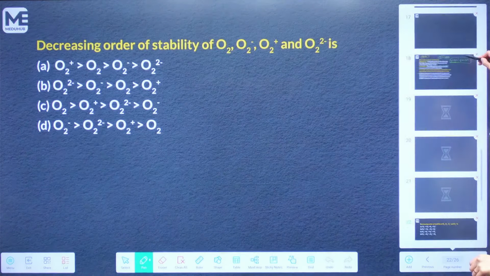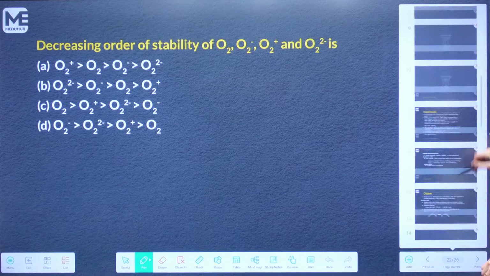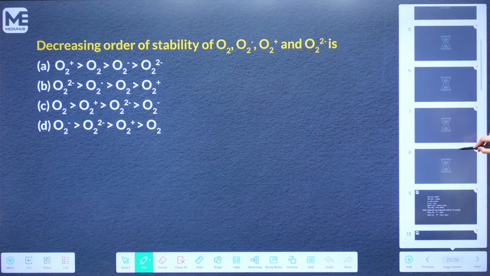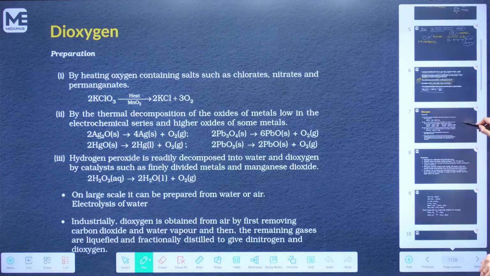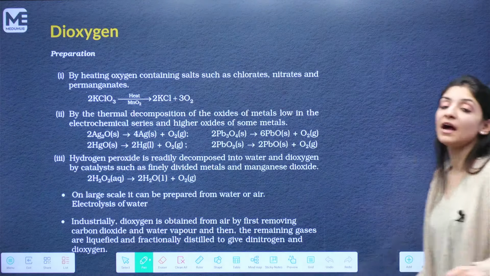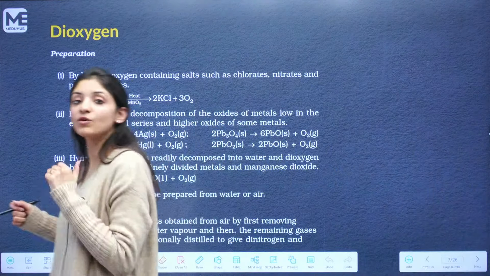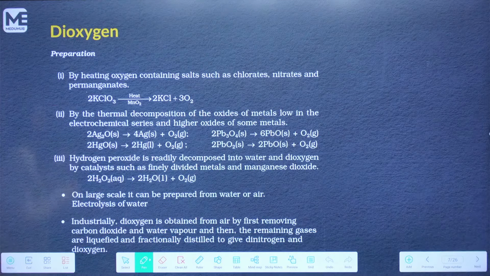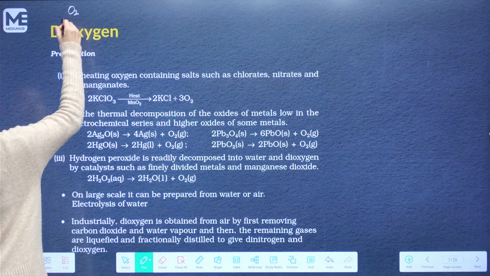All right. Now coming back to our topic, we had done reactivity. The next topic under group 16 elements is the allotropes of oxygen. Oxygen exists as two allotropes, dioxygen and ozone. Dioxygen is O2.